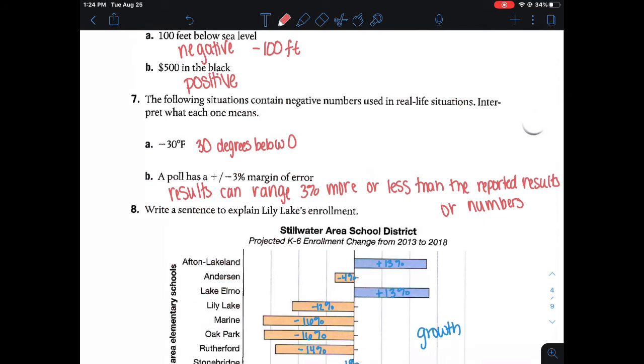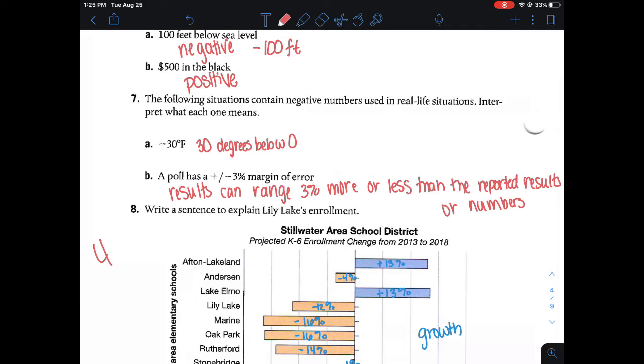And what this means, so a poll would be like a voting poll. So with the elections coming up in November, you will often see a percent margin of error because with millions and millions of people voting, it is sometimes very hard to have 100% accuracy. So if President A has 46% of the vote with a plus or minus 2%. So we have 46%.